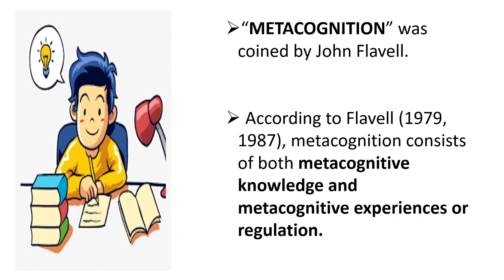As you can observe on the screen, metacognitive knowledge and metacognitive experiences or regulations are highlighted. Before we proceed to what we really mean by metacognition, let's first tackle the highlighted words.